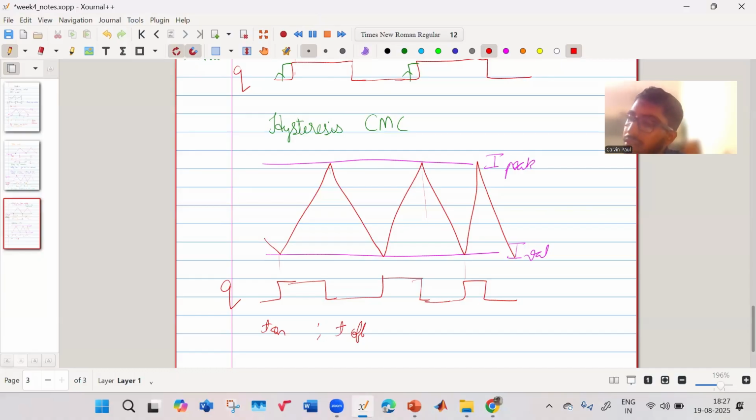Okay. So this is also known as your band. This is your delta IH band. And ideally your delta IH should be equal to delta IL, but it is not always the case when it goes into closed loop. Okay.